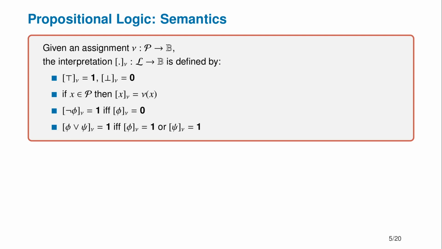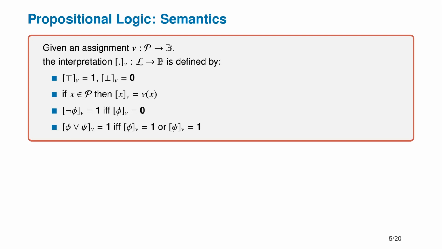Negation together with disjunction is functionally complete. Functional completeness means that we can express any other operator by means of these two operators.